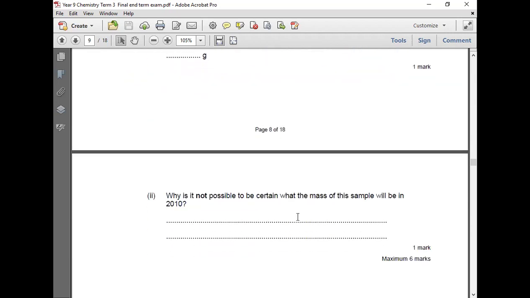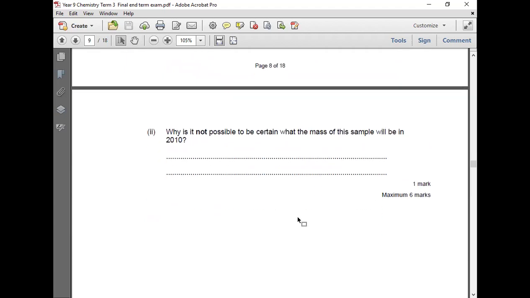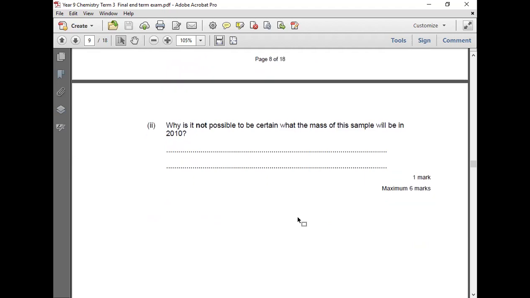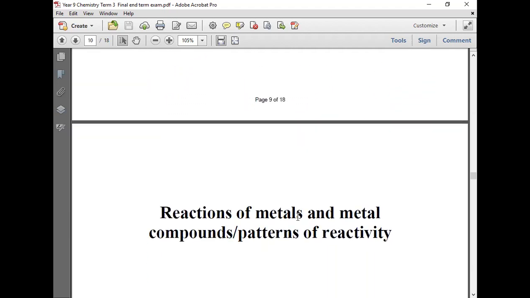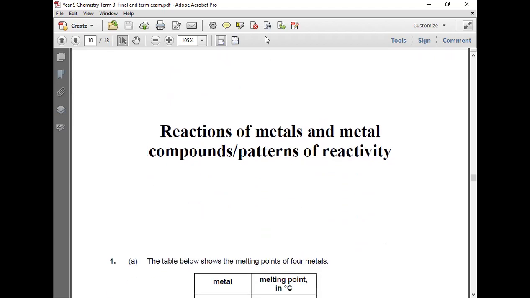The expectation does not mean just writing down random numbers. You need to explain why it is not possible to be certain what the mass of this sample will be in 2010. So the next part of the questions I will show you by Google form.